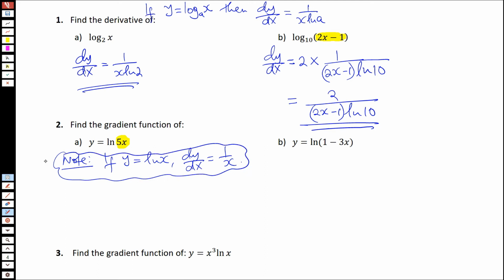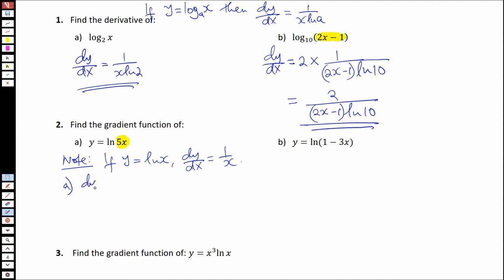Okay. So in the first case, for part A, we have to apply chain rule by starting to differentiate the inside followed by the outside.